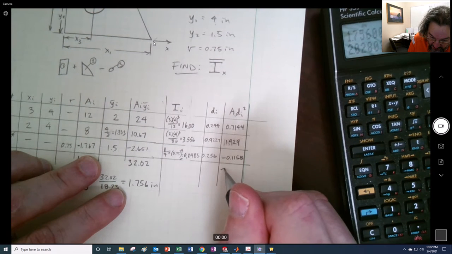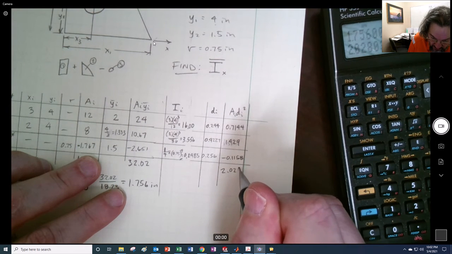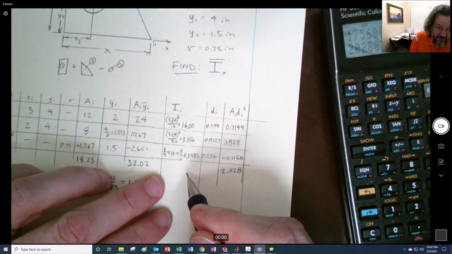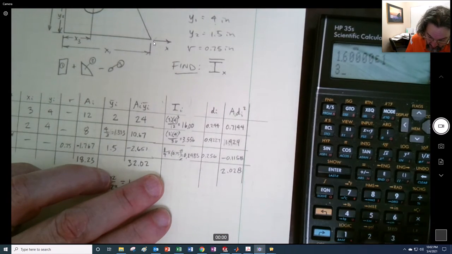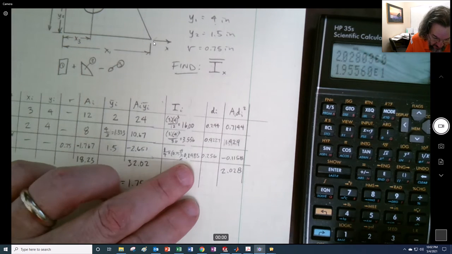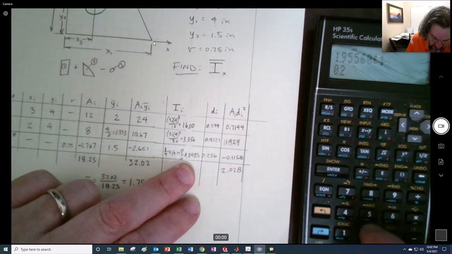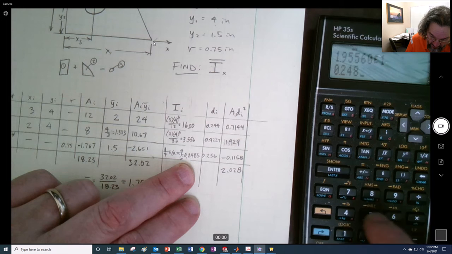And I'll add all those up, and I should get 2.028. And then I also add all of these up. So I get 16 and 3.556. But then I need to subtract out the 0.2485.